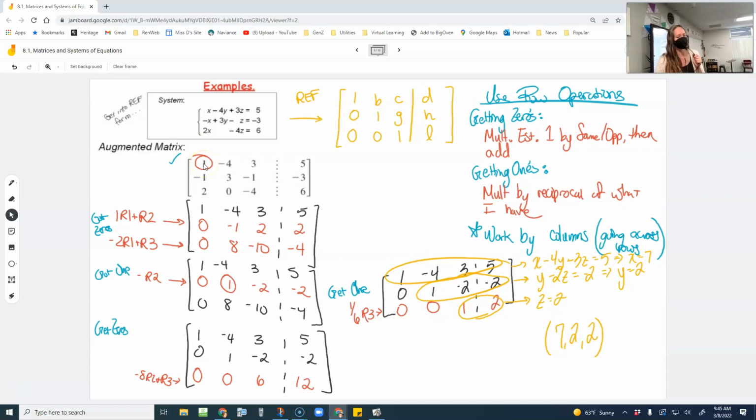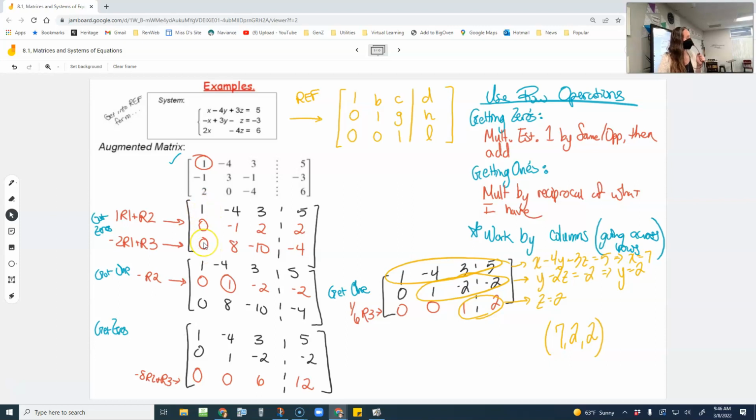What did I need to do next? Get zeros. Look, I actually gave you the words to how to answer these questions. Get zeros. And so I got zeros by taking row 1 in both examples, multiplying row 1 by the opposite of whatever's there: the opposite of negative 1, positive 1, the opposite of 2, negative 2. And then I added to that row that I was trying to get the 0 in. Boom, boom, column 1 done.